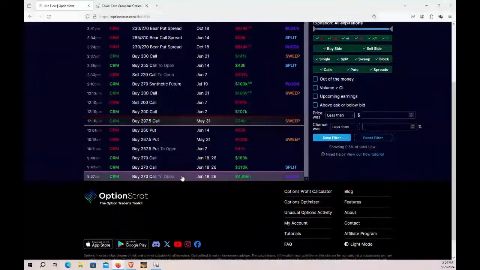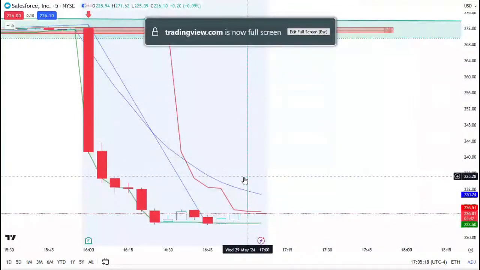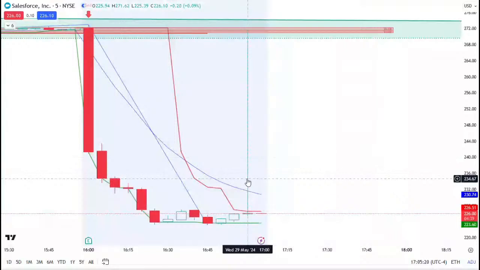I don't know if you can see it down here on the bottom. 270 call to open June 18, 2026. $4.969 million block. You thinking maybe that was this candle over here? That candle is just weirdo.